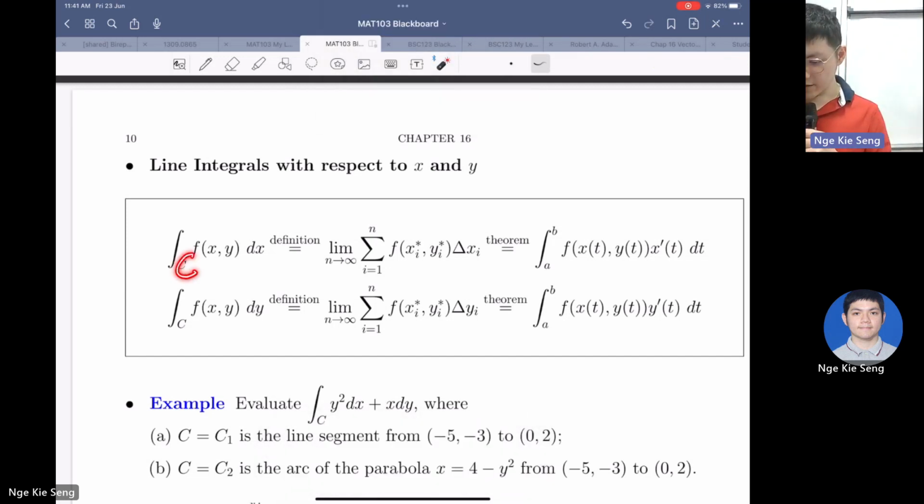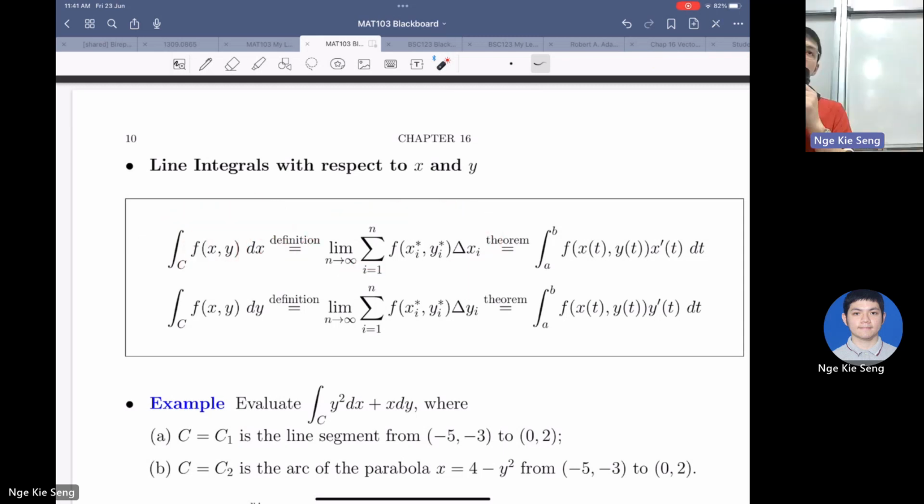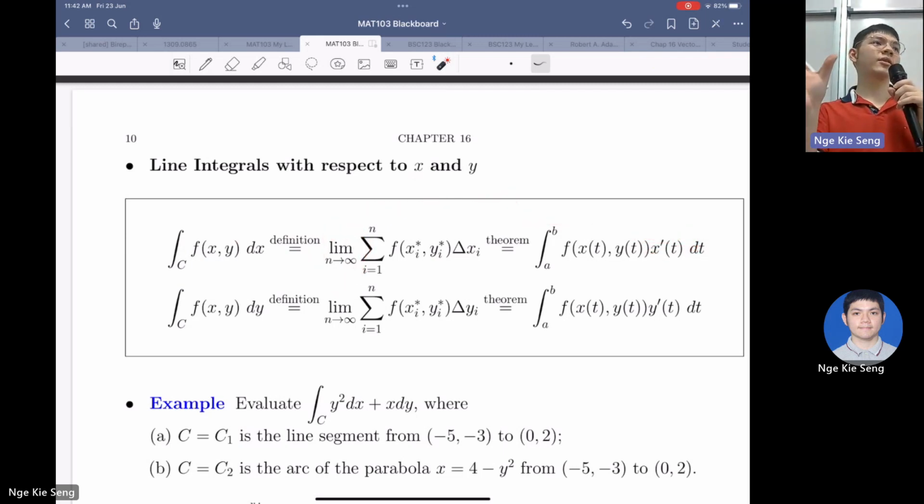the integral over the curve of my function with respect to x, this is by definition what? This is by definition you cutting in the x direction. You cut the secant in the x direction. Remember this notation here? You're taking the sum of secants and then taking the limit as n goes to infinity, you introduce more and more secants to approximate the line. But now you only cut in the x direction.